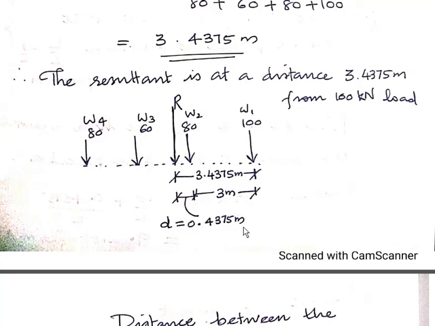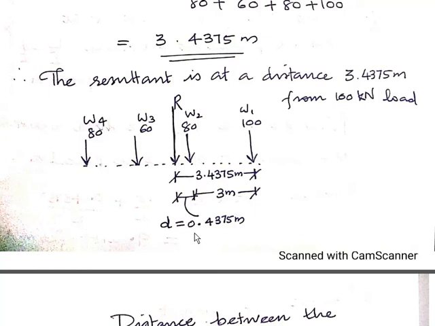Just find the distance between the resultant and the nearest load. Here the nearest load is W2, that is 80 kilonewton. So the distance between R and W2 is 0.4375 meter. Mark it as D.